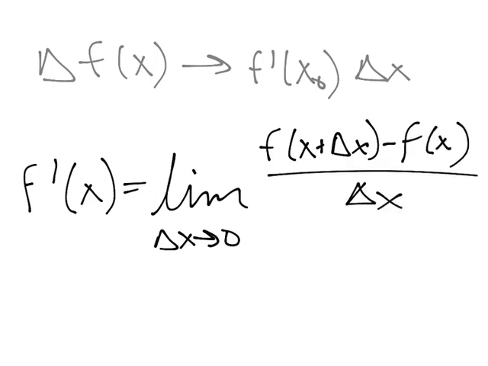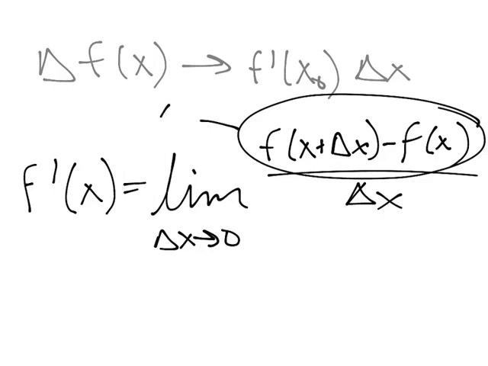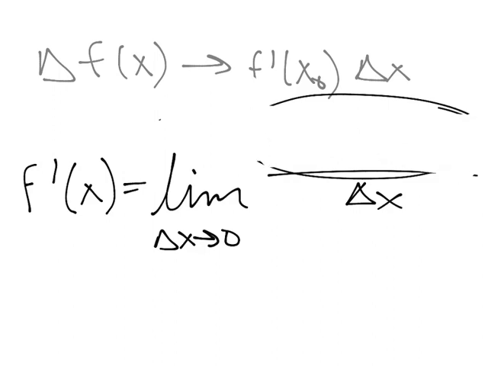However, we know that f of x plus delta x minus f of x, if you remember from the very first video about derivatives, when we were trying to define a derivative, this is just the change in f of x. That is very clear from what we have here, and so we can just rewrite it as delta f of x.